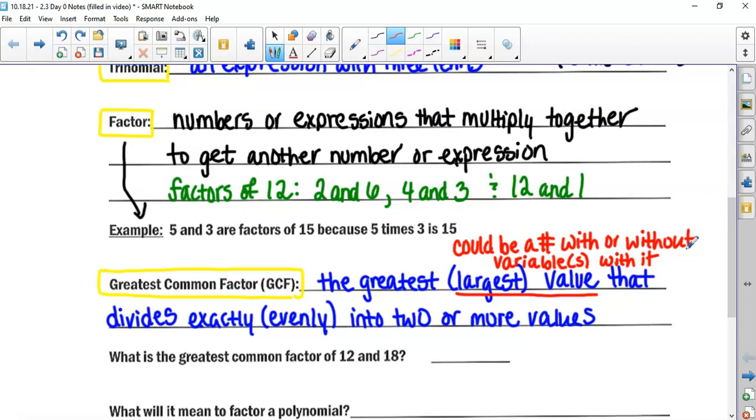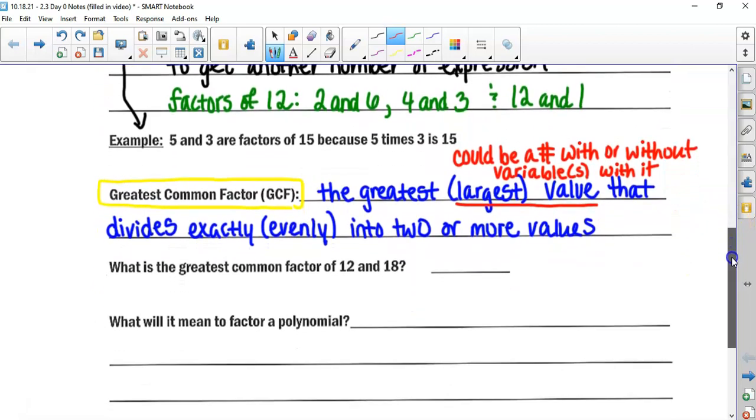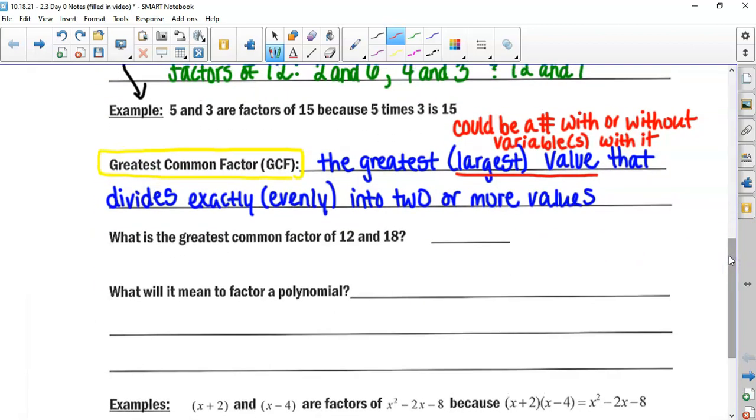So it's the greatest or the largest value or term, single term, that divides exactly or evenly into 2 or more values or 2 or more terms. If we were to just look at this numerical example of 12 and 18, we're looking for the greatest or largest value that divides evenly into 12 and 18, and that would be 6. Does 2 divide evenly into 12 and 18? Yes, it does. But 2 is not the greatest common factor. It's a factor, but it's not the greatest common factor.